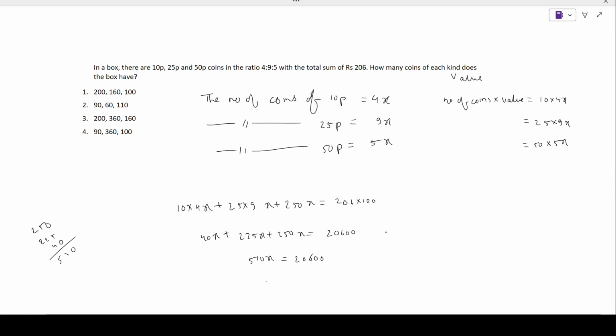I think we have made some calculation mistakes. We have 10 paise for 4x, 40x, 25 paise for 9x, 25 9s are 225, 50 paise for 5x, 250.